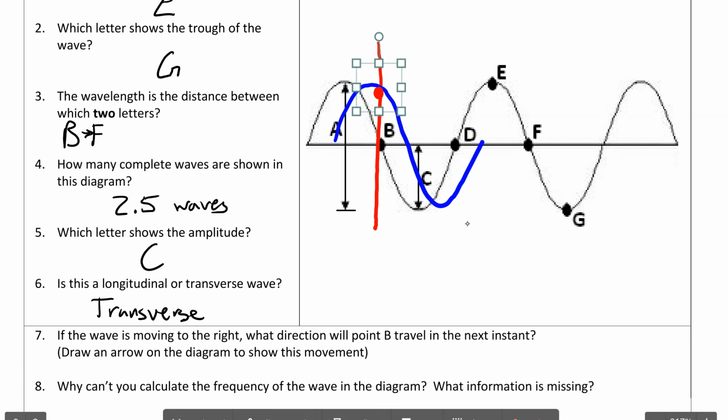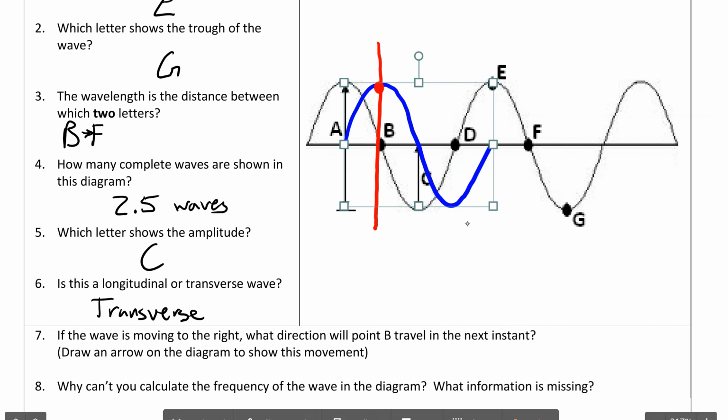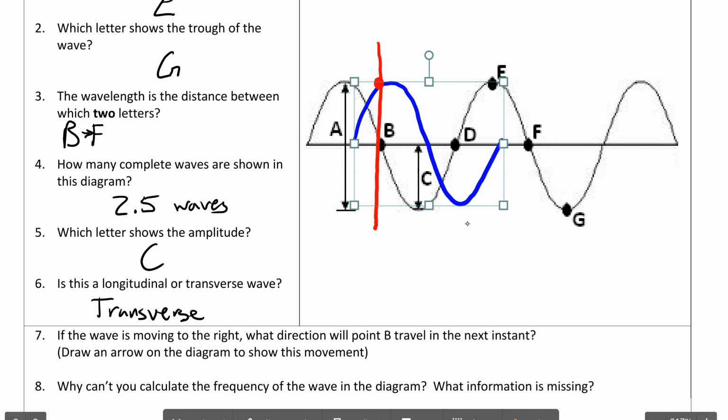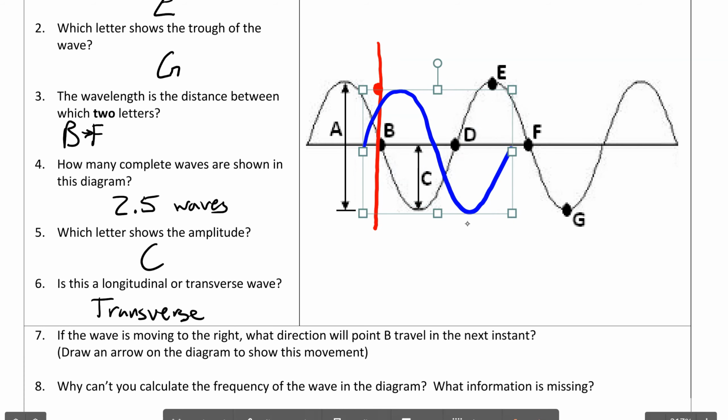What a great way to do this. All right, and then it moves across. Now we're past the crest. Point B gets to go back down a little bit. Doesn't help that I'm moving the wave up and down too. It should just be moving to the right.